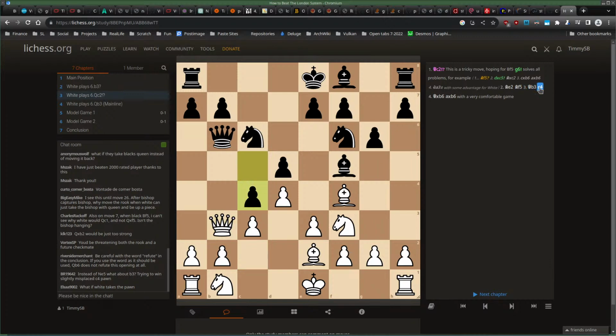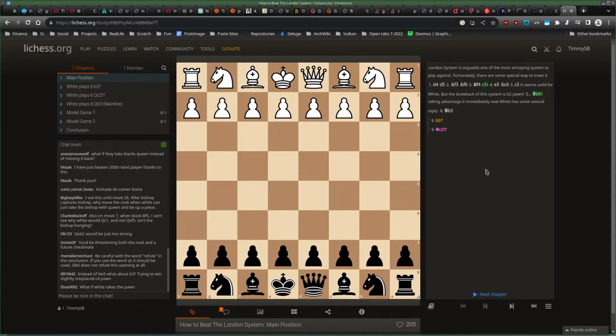Got to play c3 here. c4. I want to see it from the other side. I have black. Let's go all the way back. No, that's better.